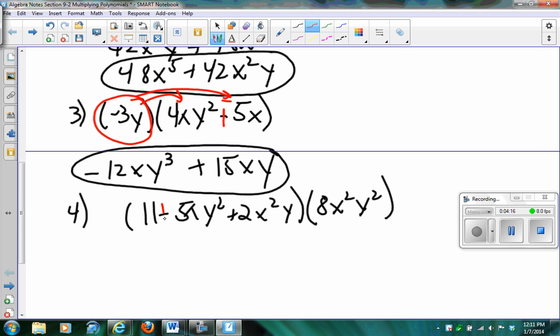I am going to change this to addition of the opposite. I have two choices. I can either leave this term that's by itself, this monomial, and multiply it by each term that's inside the parentheses.